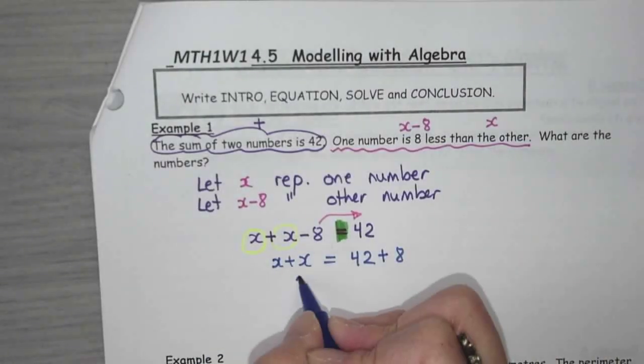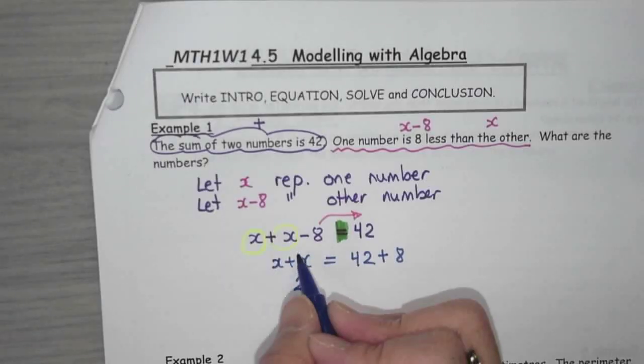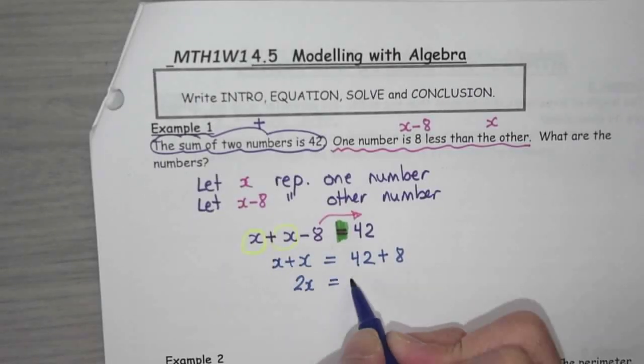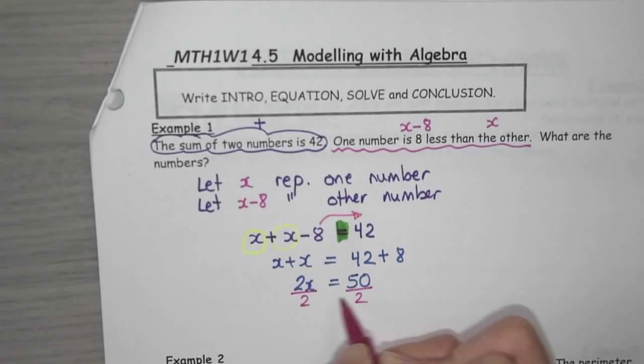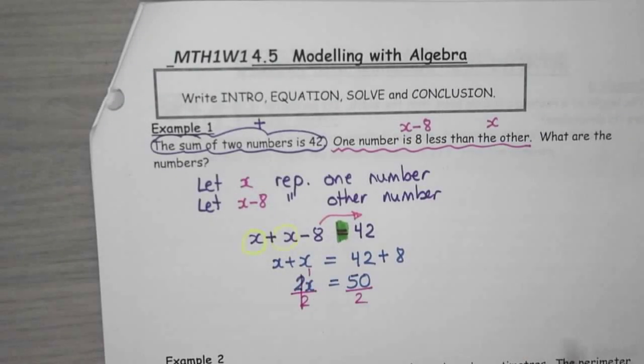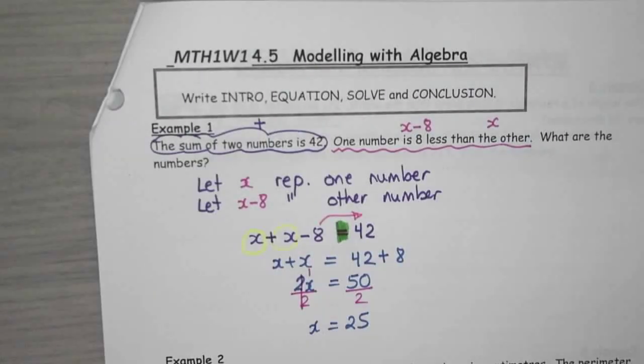So x plus x is 2x, 1x plus 1x, invisible 1, and that gets me 42 plus 8, so it's 50. You can divide both sides by 2. Whatever's in front, you divide by whatever's in front to get you a 1, and then you get x equals 25. So now you've done the solving portion.